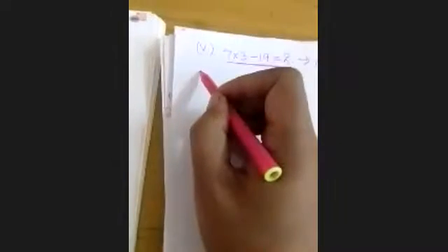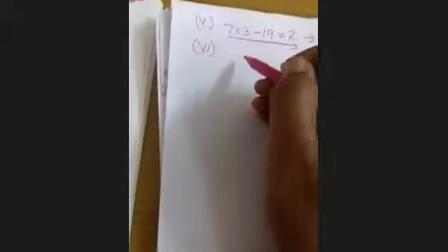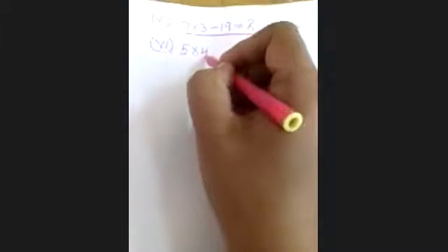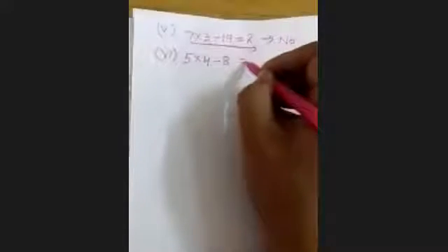Next is the sixth part. 5 multiplied by 4 minus 8 is equal to 3t.